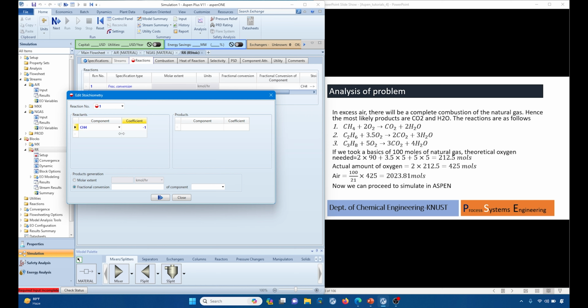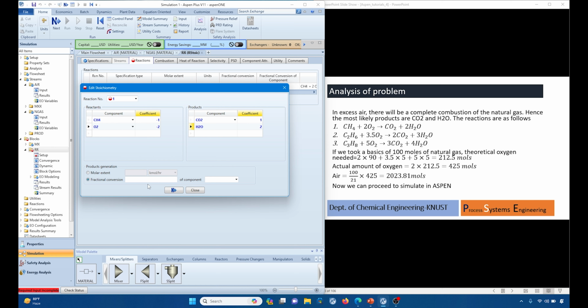This is a reactant. In the fractional conversion here, it's complete combustion, burning everything.